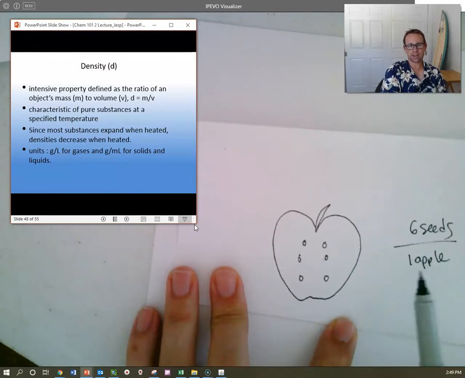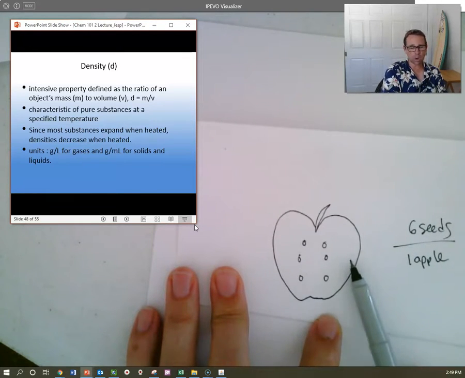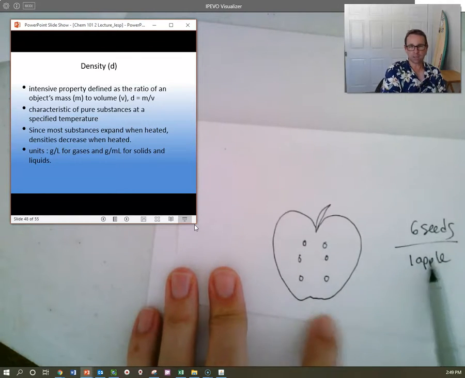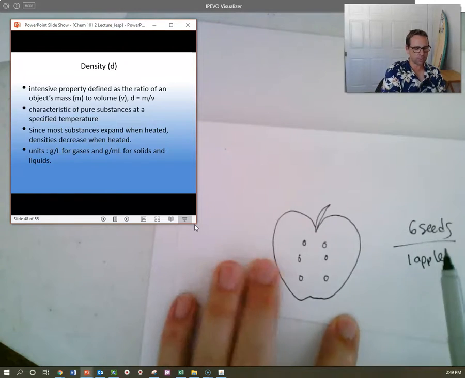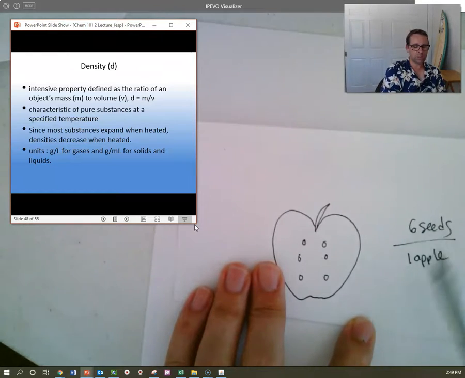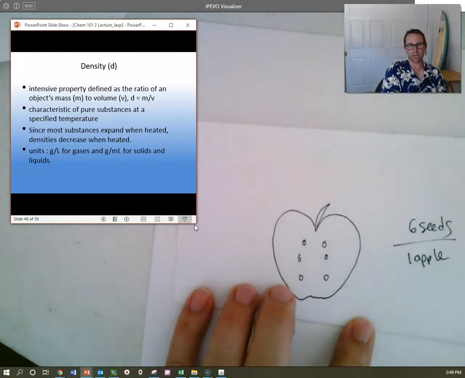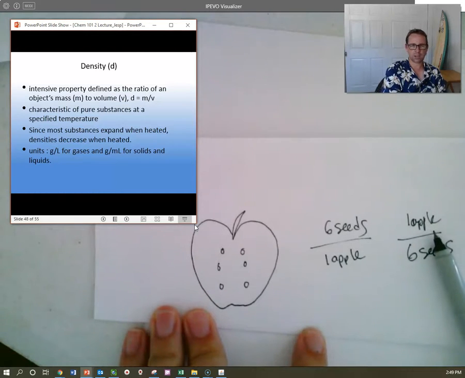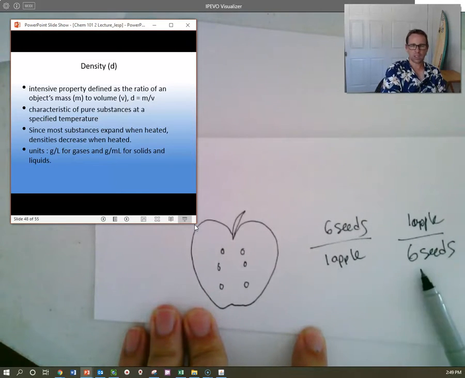So it's not like the apple part is equal to the seeds part, but if I'm trying to identify how many seeds there are or how many apples resulted from the number of seeds, then I can use this kind of conversion factor. And I also, of course, have the other conversion factor that says that every apple, one apple, has 6 seeds.